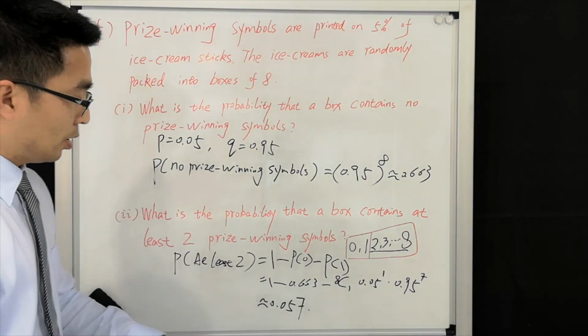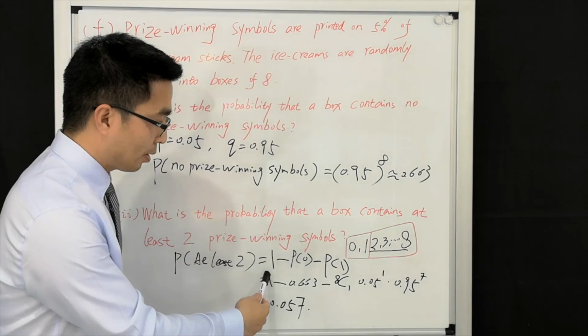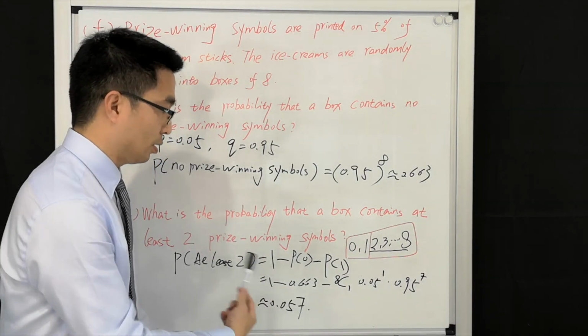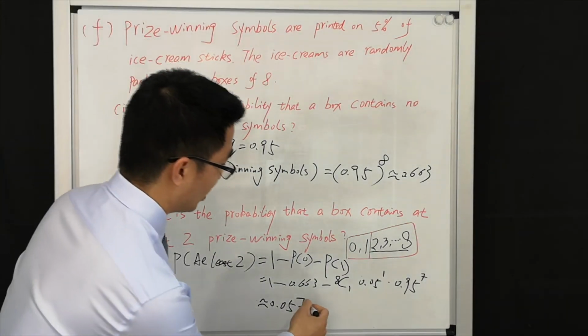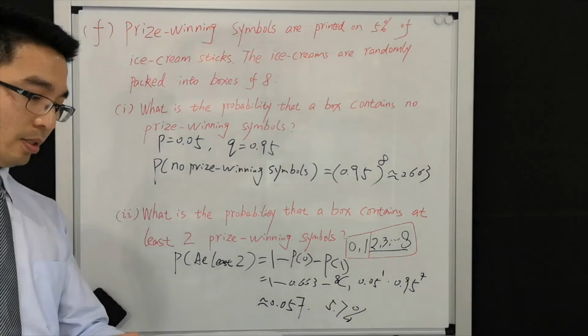So the probability of getting at least 2 winning symbols is 5.7%. Yes, 5.7%. Okay?